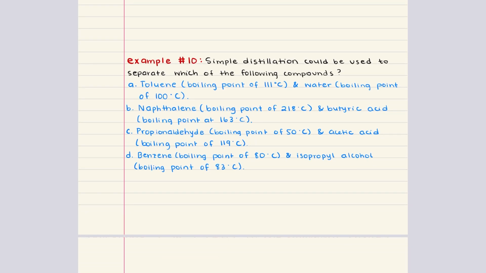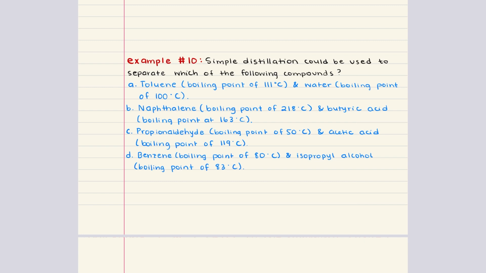Problem 10 says, simple distillation could be used to separate which of the following compounds? Simple distillation is best when you're separating two liquids with boiling points that are both under 150 degrees Celsius and differ by at least 25 degrees Celsius. Keeping that in mind, let's go through the answer choices.